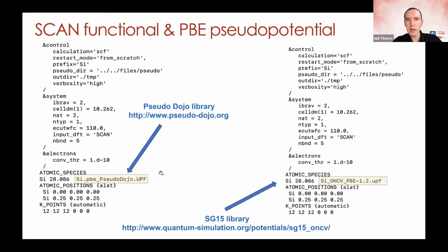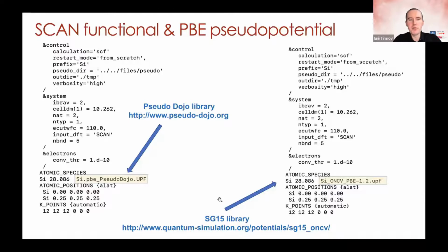I would like to highlight two norm-conserving pseudopotential libraries, the pseudo-dojo. So we put here the name of the pseudopotential from pseudo-dojo library, or we can use another norm-conserving pseudopotential, also based on PBE functional, from the SG15 library. So we take, as an example, two different types of pseudopotentials from two different libraries.